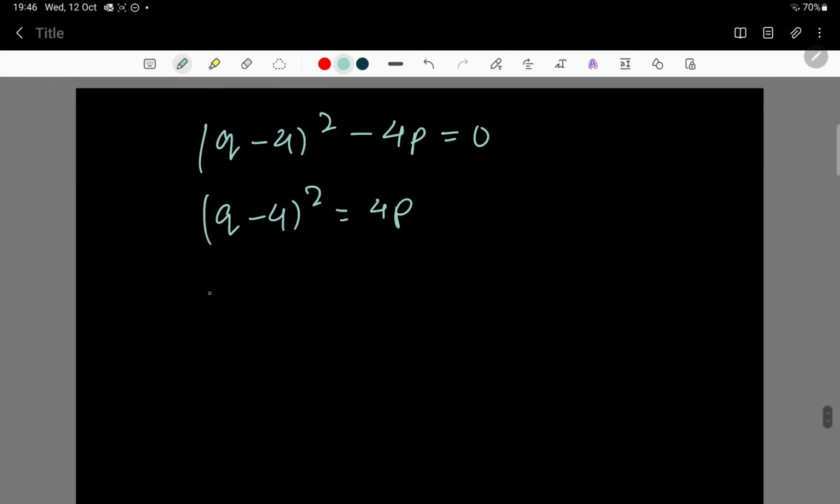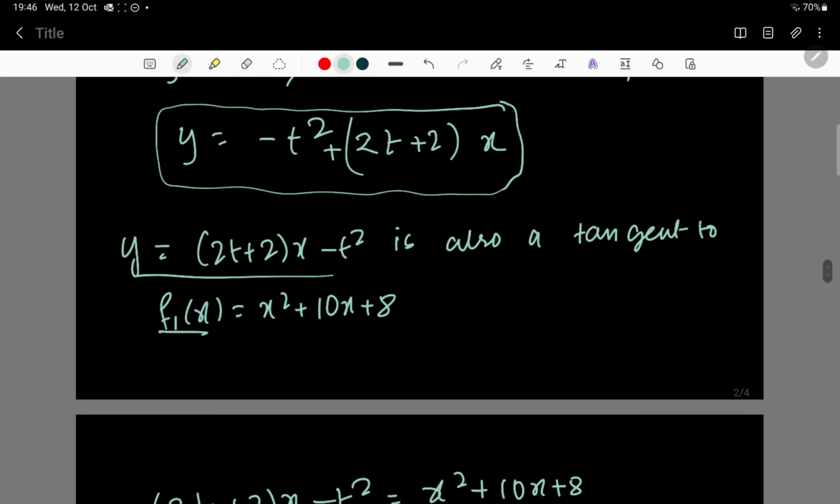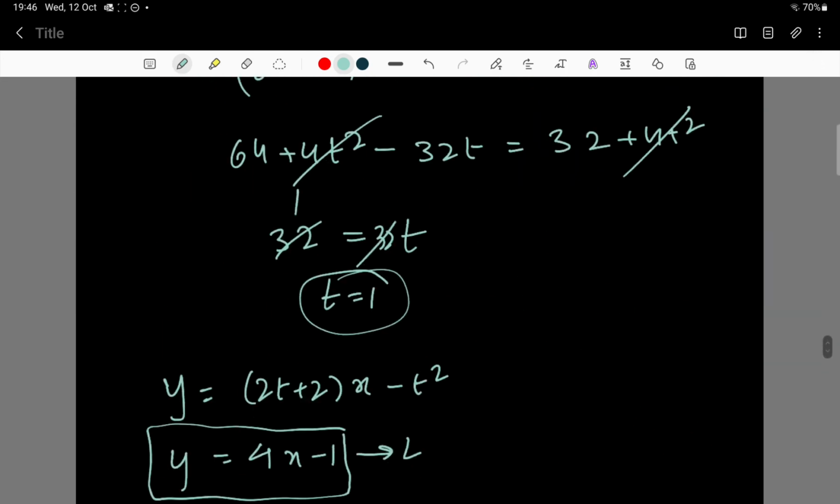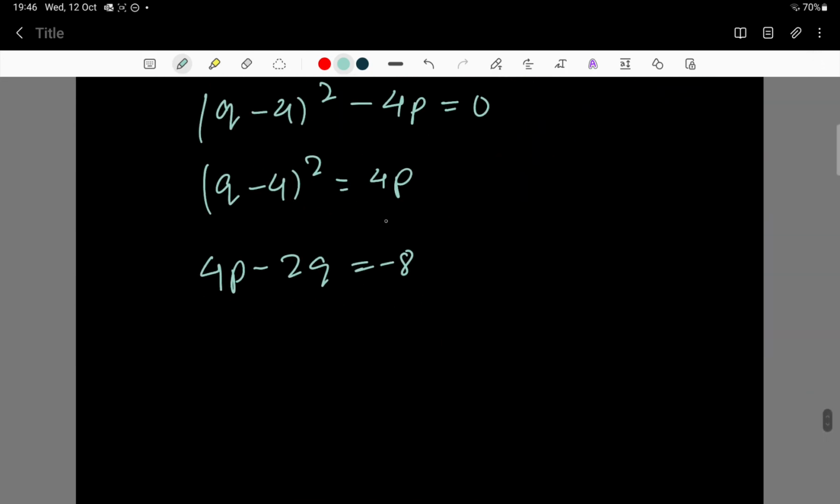And we also got 4p minus 2q equals minus 8, if I'm not wrong, the equation 1. Yes, 4p minus 2q equals minus 8. So again replace the value of 4p. So q square plus 16 minus 8q minus 2q plus 8 equals 0.